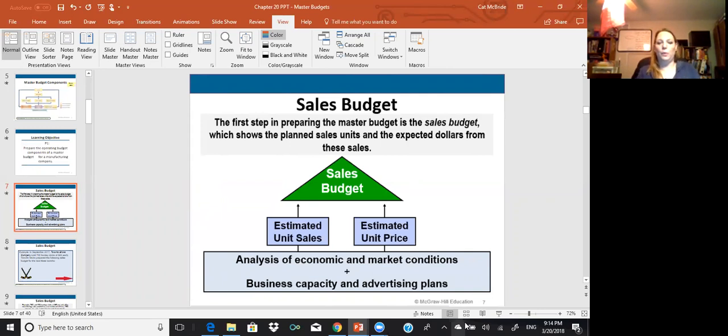So the iterations might be many if we have a lot of different products or services, but the process is exactly the same. We figure out how many units we plan to sell, and what the selling price per unit is, and that's going to tell us what our sales budget is.